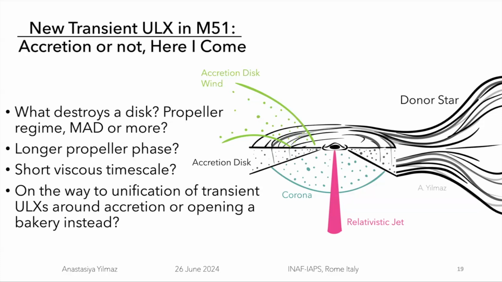But in a more general sense, this specific source now contributes to a growing population of serendipitously observed transient ULXs. But in this case, they do not seem to have a very well-defined distribution in their long-term evolution. If you just exclude the sources that are found to be in the propeller, the rest is a whole big mess. The problem is that we cannot really point any instrument towards any direction and say, okay, there has to be a ULX in this specific field of view.